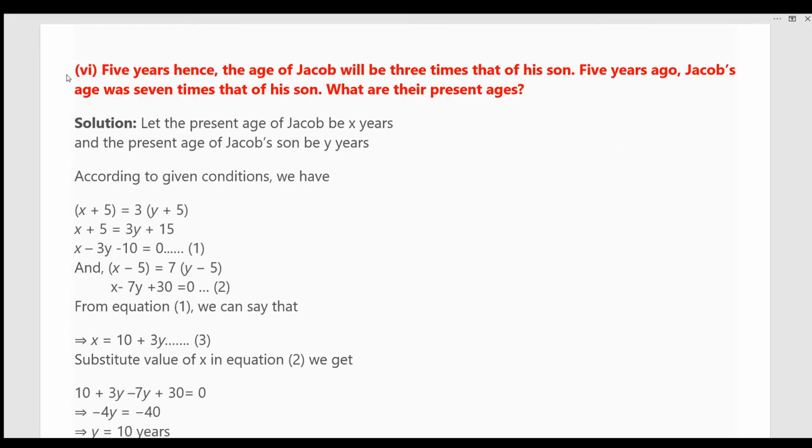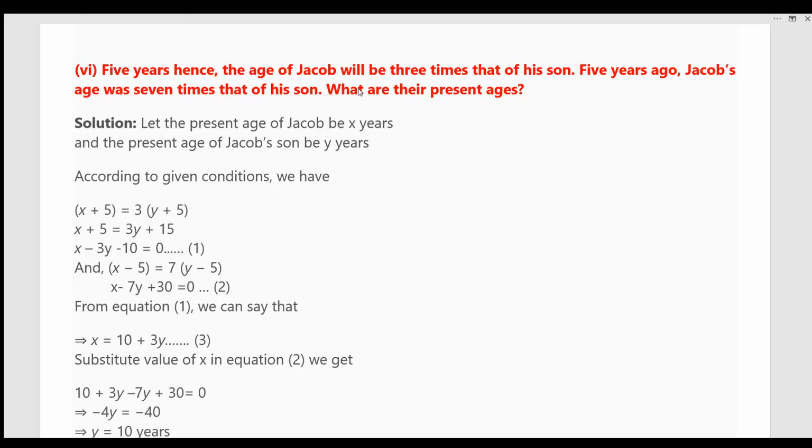Now part 6. 5 years hence, the age of Jacob will be 3 times that of his son. 5 years ago, Jacob's age was 7 times that of his son. What are their present ages?